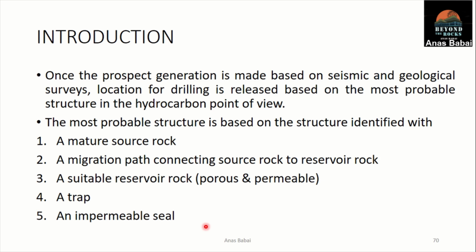We need a mature source rock, and the oil field should have a migration path that connects the source rock to the reservoir rock, and a suitable reservoir rock that contains enough porosity and permeability, and we need to have a trap and an impermeable seal, and this trap has to be sealed in order to keep the hydrocarbon from further migration.